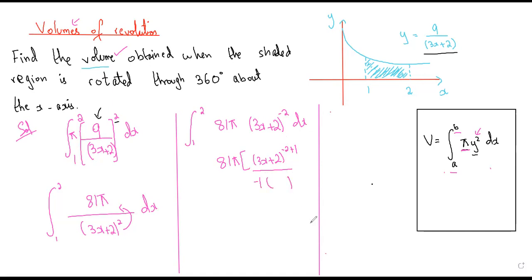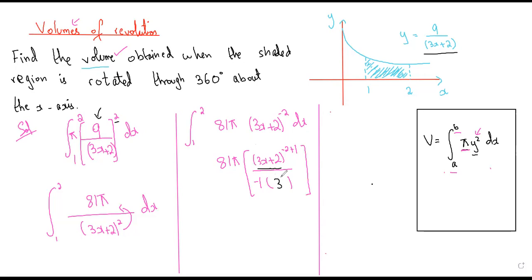I need to multiply it with what, Munja? The 3. The derivative. Very good. 3. Excellent. So what am I going to get? Let me just write it down neatly. Okay, so I'll simplify this. 3 and 81 would cancel as well.